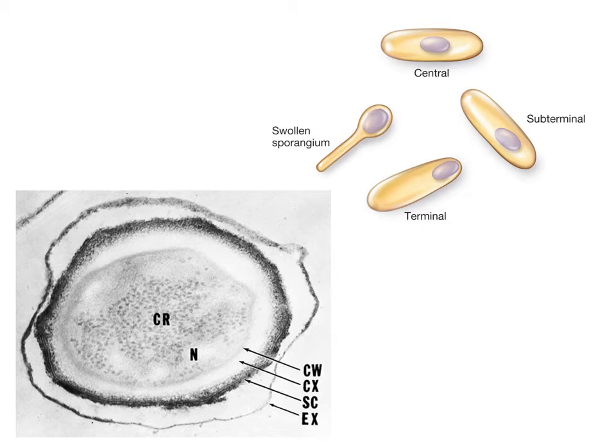The endospore may be close to one end, and that's referred to as subterminal, or it may be definitely terminal. Sometimes an endospore is so large that it swells the sporangium, and you can see that labelled as swollen sporangium, and it gives it quite a characteristic tennis racket appearance.